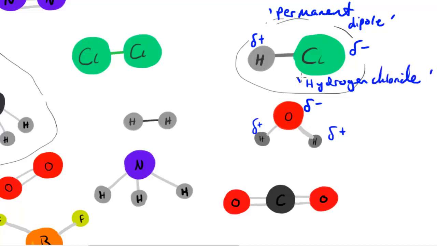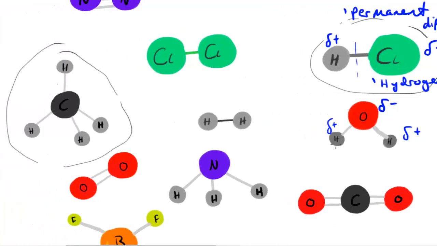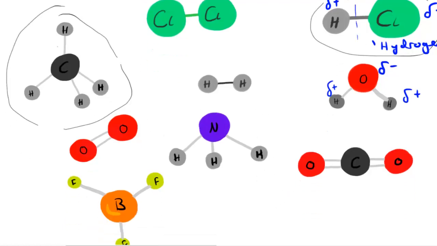What would usually happen for this particular molecule is that it would be really soluble, and when it's dissolved in water, these water molecules can actually pull this bond apart, since there's such a great difference in electronegativity, and it can form aqueous hydrochloric acid. Since this molecule is really polar, it would dissolve in water, whereas a lot of these other molecules aren't really that polar, so they're not going to dissolve in water.